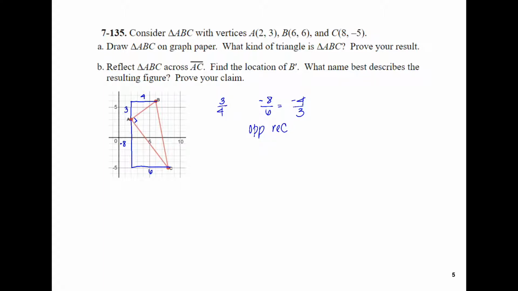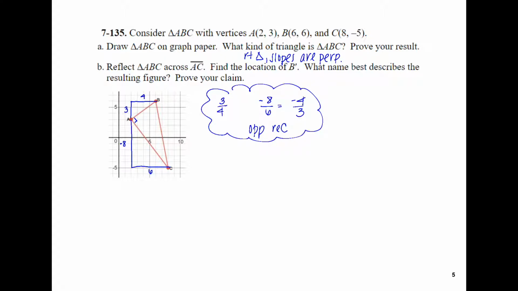So I can then say that it is a right triangle because these slopes are perpendicular. Simply notating those slopes and writing this information here is enough to prove that.